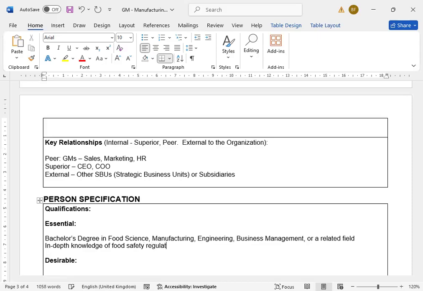It would always be an advantage if the candidate has these qualifications, for example FDA, HARA, HACCP, GMP.